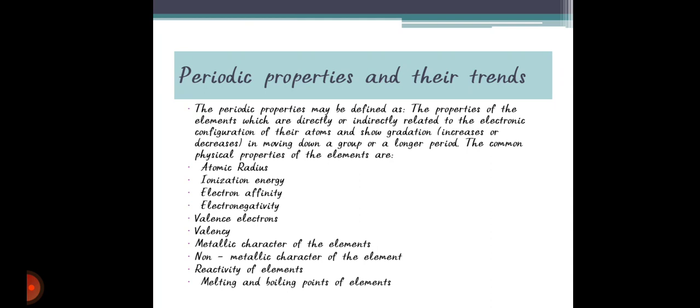So coming to electronegativity: it is the tendency of an atom of a given chemical element to attract shared electrons or electron density when forming a chemical bond, the tendency of an atom to attract electrons of another atom. Across a period, as we move from left to right, electronegativity increases in the periodic table.